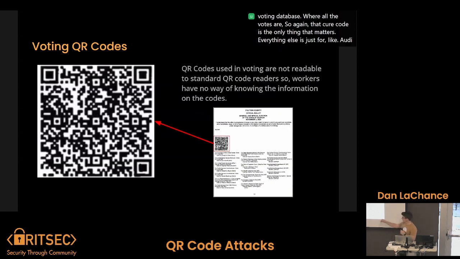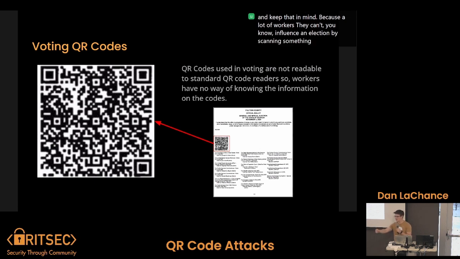So if you blow up that QR code and try to scan it with your phone, you can't, because voting tabulators have special QR code scanners, and they can scan QR codes that will register as incomplete or invalid to most scanners. So keep that in mind, because a lot of workers can't influence an election by scanning something.